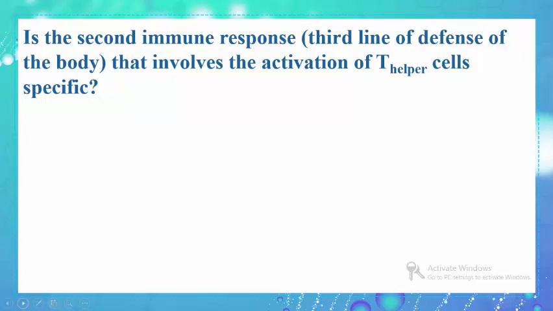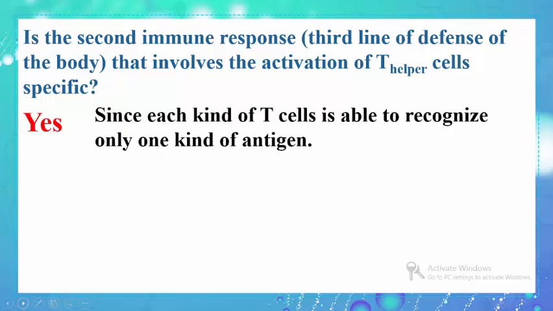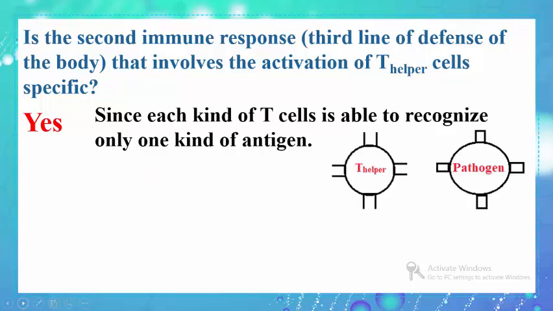We stated that the previous immune response, which is led by phagocytes, is non-specific. What can we say now about the second immune response, meaning the third line of defense? Will the T helper cell be able to recognize any antigen? Of course not. Thus, we say that this immune response will be specific, where each kind of T cell is able to recognize only one kind of antigen and thus will bind to it like the key and the lock.